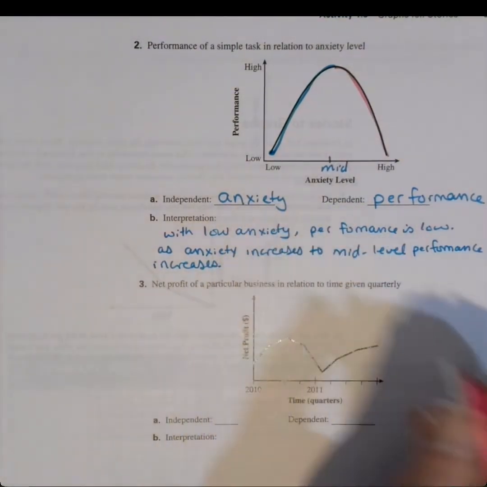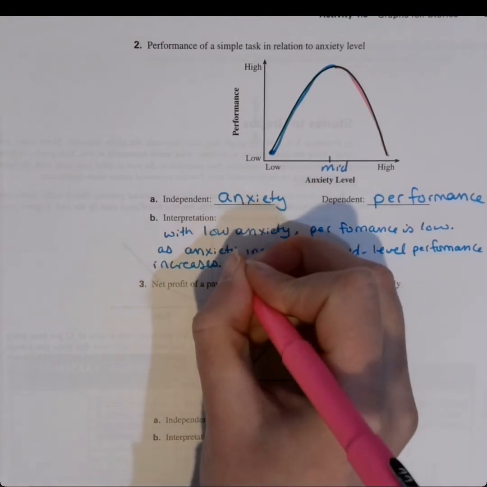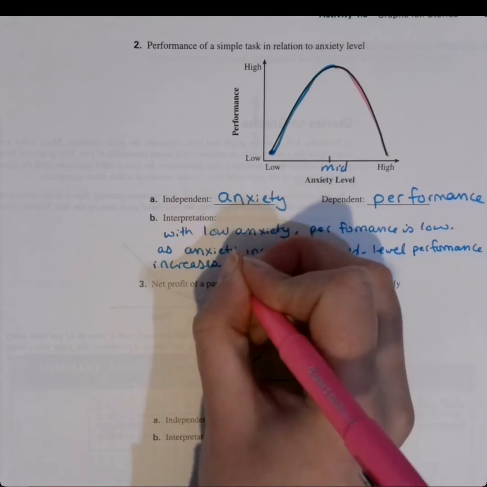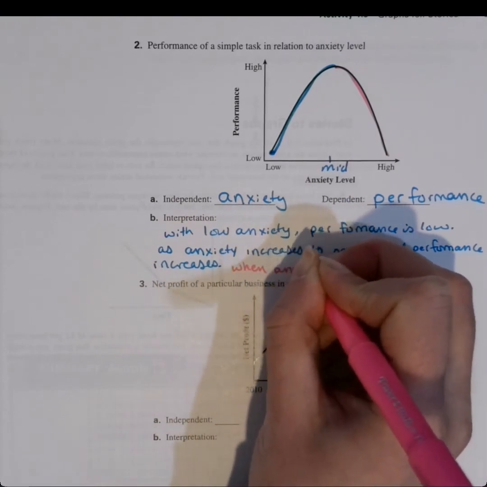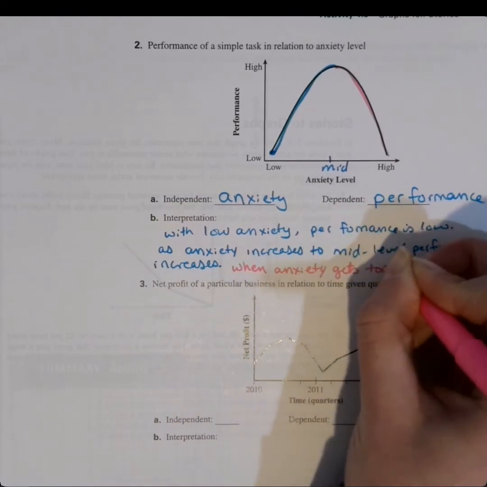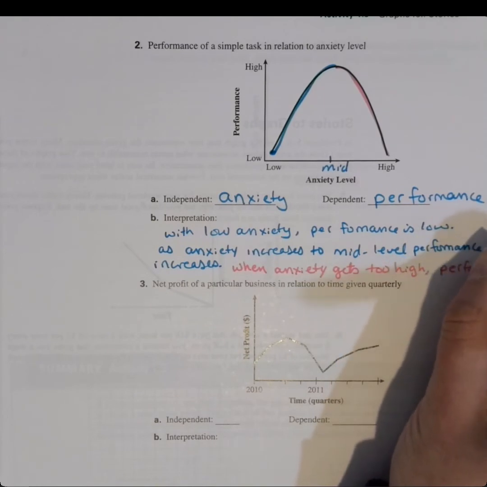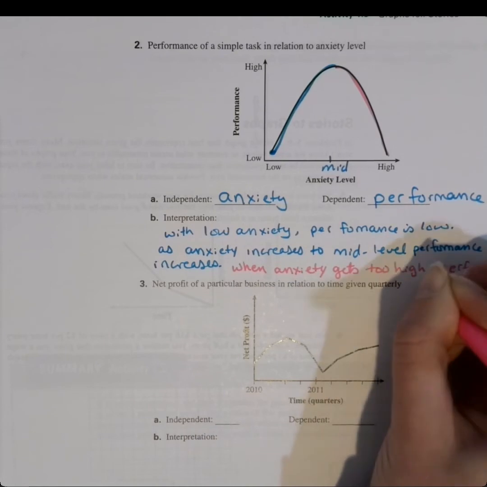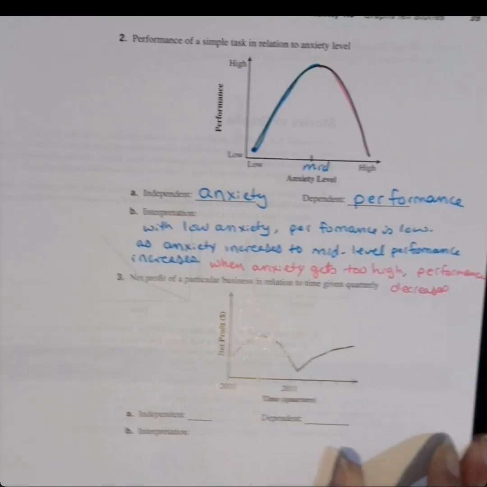So the second half of this curve, we'll talk about how when anxiety gets too high, from mid to high, performance decreases. All right.